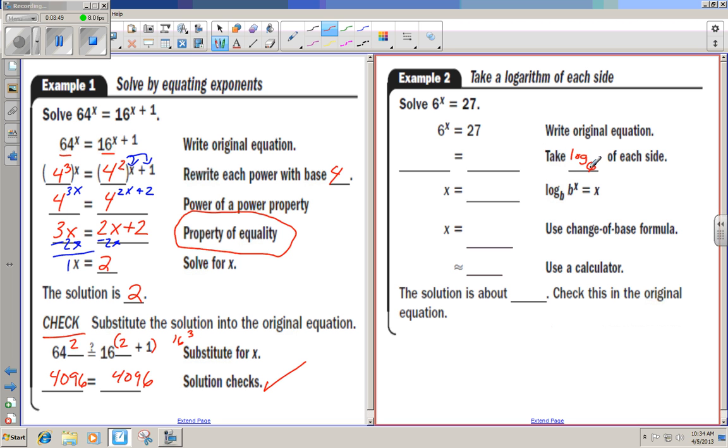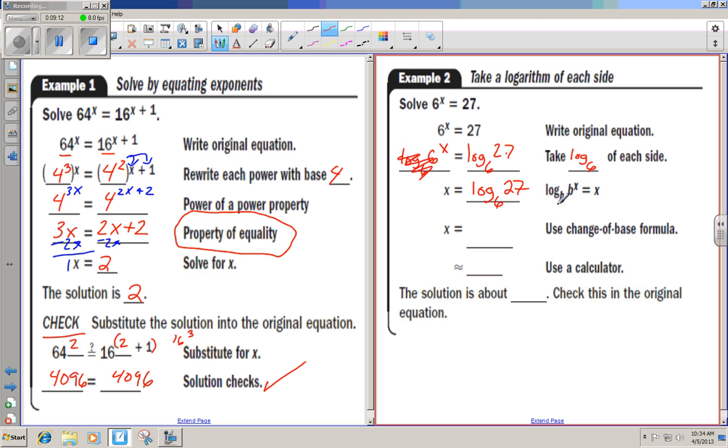A log base 6. So now we've got log base 6 of 6 to the x, and then log base 6 of 27. So this here cancels and gives us x, and then we have log base 6 of 27.